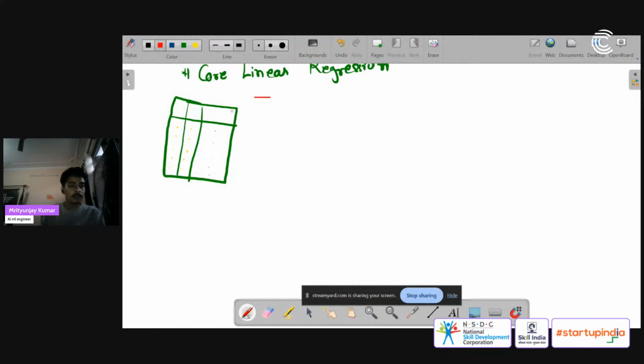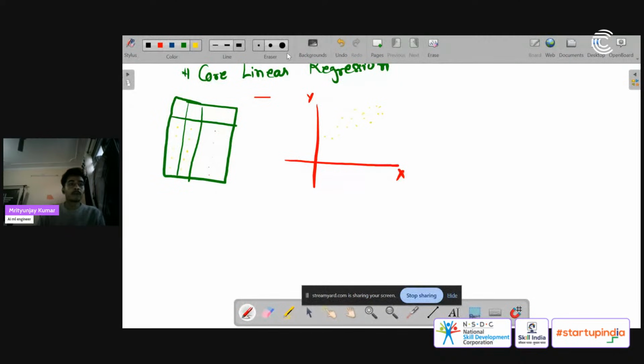Whenever you represent this data on a graph of the x-axis and y-axis, this is x and this is your y. Let's assume that when we draw these points on the graph, we get a line like this one.